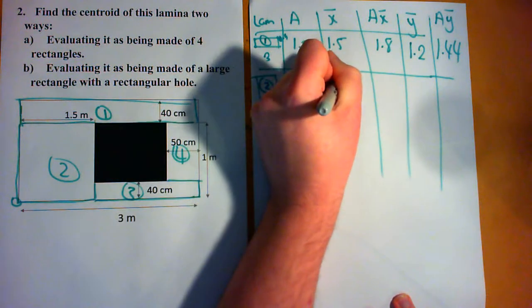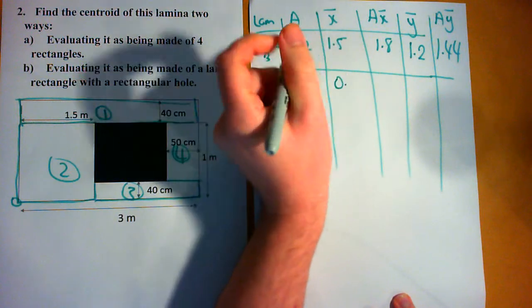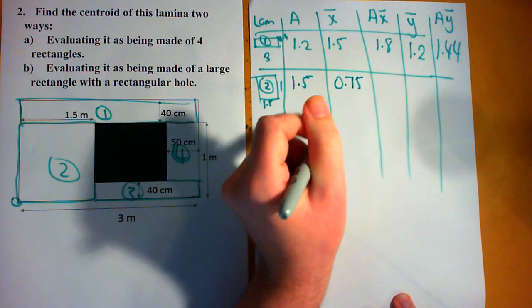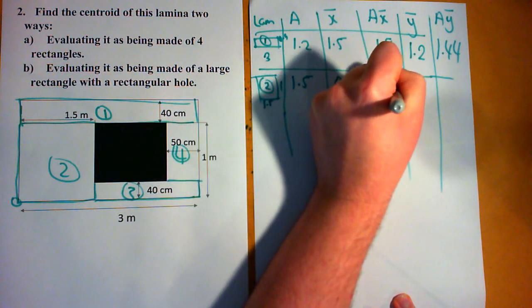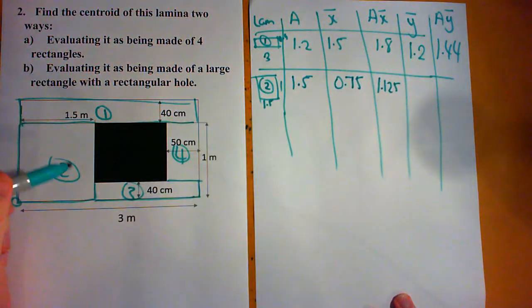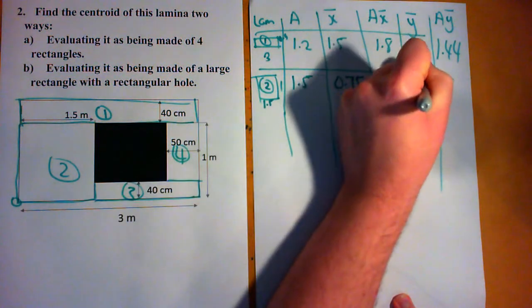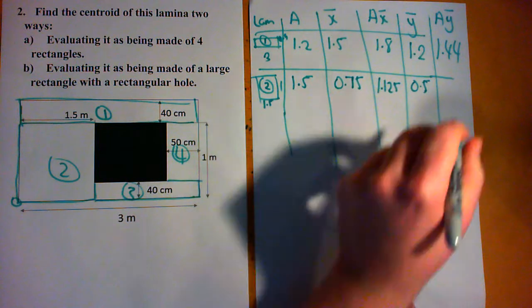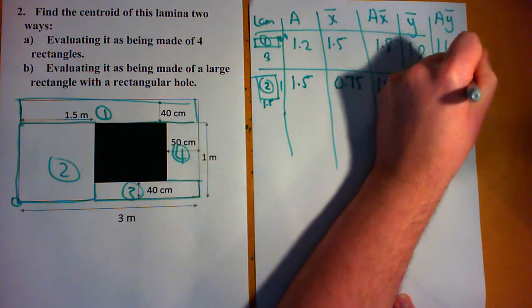That's where its horizontal centre is going to be. So we've got 1.5 times 0.75 giving you 1.125, and the y-bar is half of 1 metre, is half a metre, 0.5 of a metre, and A times y-bar here is going to be 1.5 times 0.5, which is 0.75.